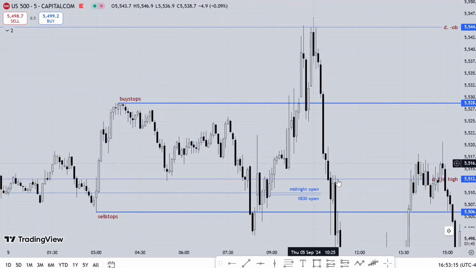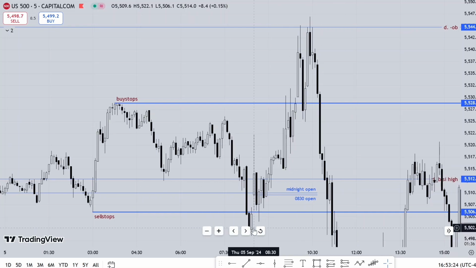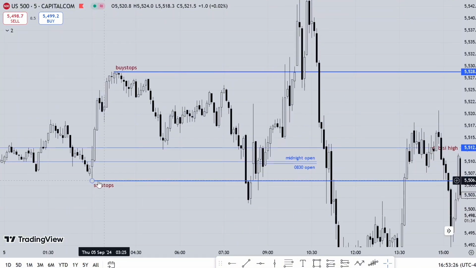You are now to mark out the first stage distribution and the second stage distribution after understanding the smart money reversal. So after price took out these sell stops here, we had this smart money reversal here.